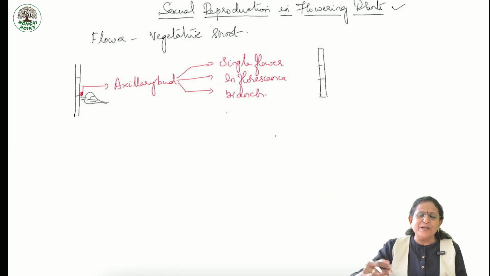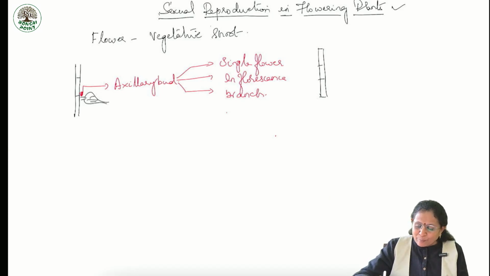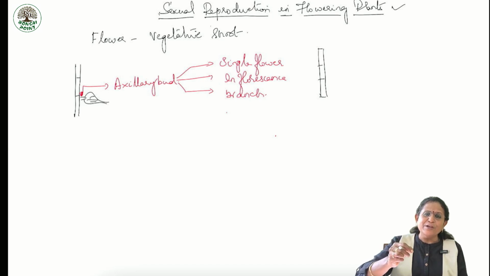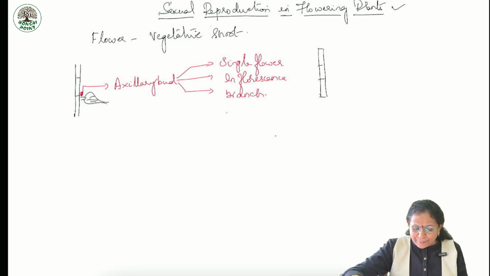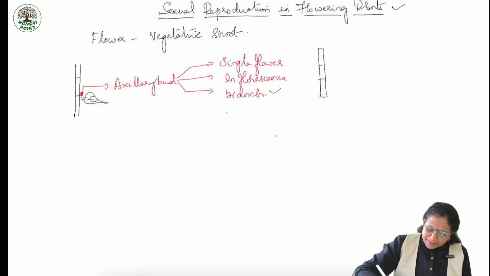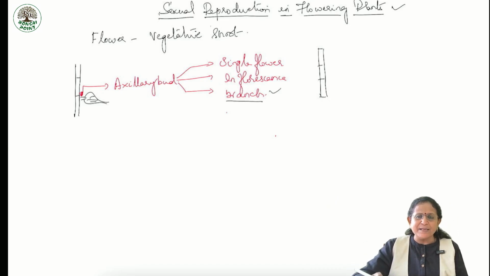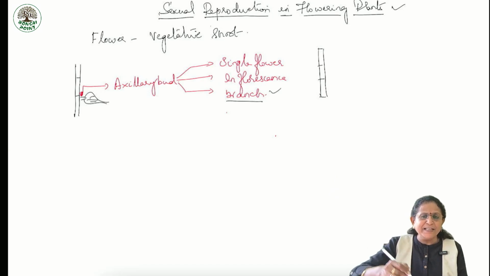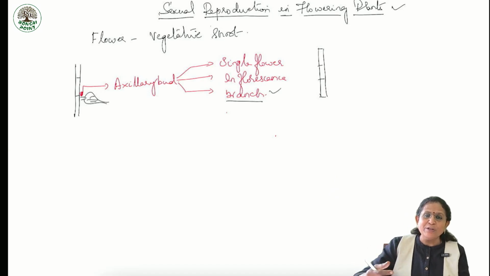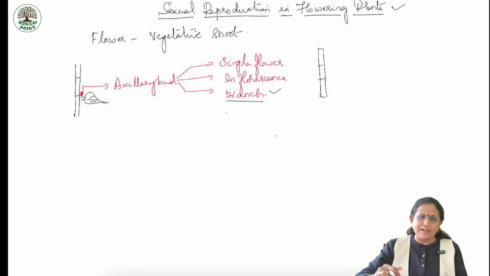The units were of different types, brightly colored and showed special functions. Thereby we said it is a modified vegetative shoot. So, this stem or branch is a vegetative part of a plant, isn't it? Thereby we say this branch was modified. Hence the name, flower is a modified vegetative shoot. And later it showed the function of sexual reproduction.